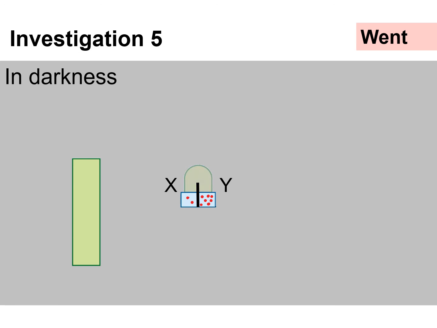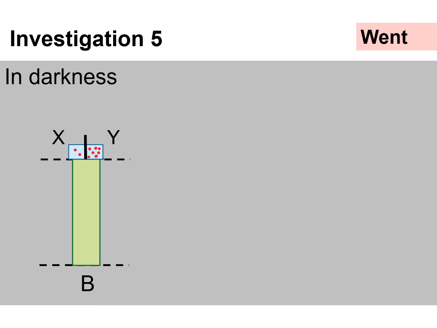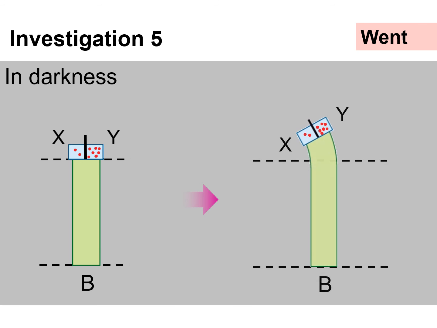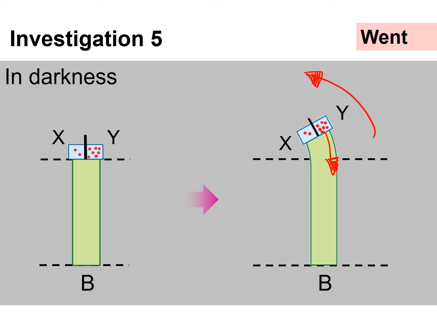Now the agar with different concentration of chemical is put back onto the coleoptile, and after a few days, the coleoptile bends to the left. This is because on the right hand side it has higher chemical concentration, so it has more growth than the left hand side, so the coleoptile bends to the left.